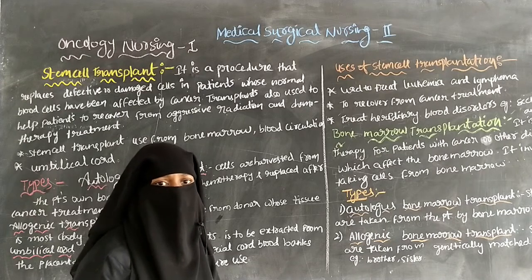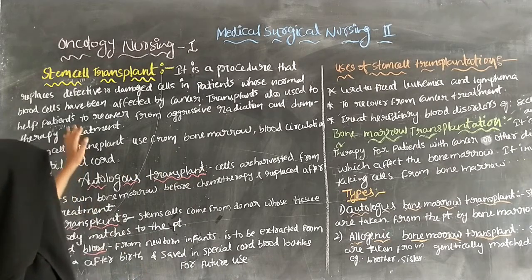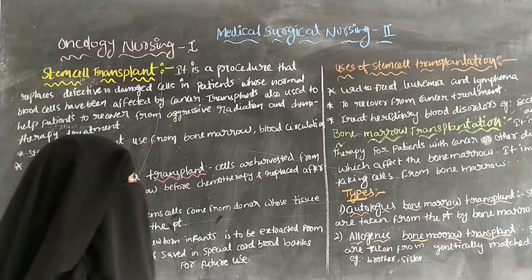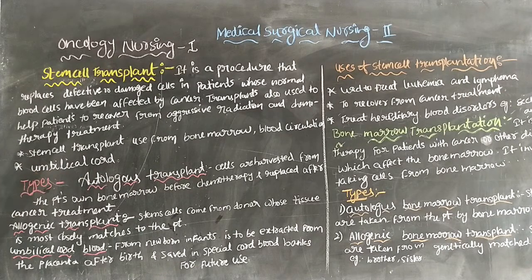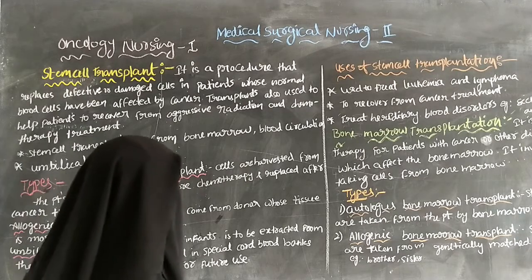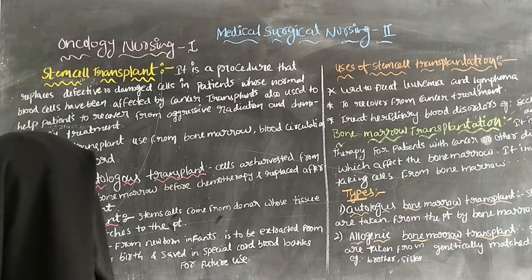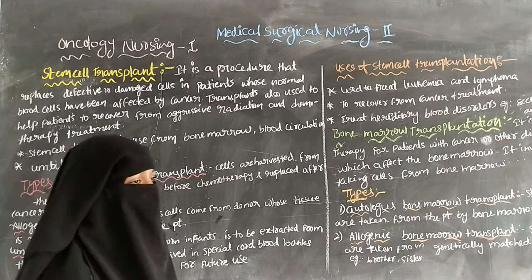Because of this damage, the blood cells can decrease, and so stem cell transplantation can be done. The transplant is also used to help patients recover from aggressive radiation and chemotherapy treatment.